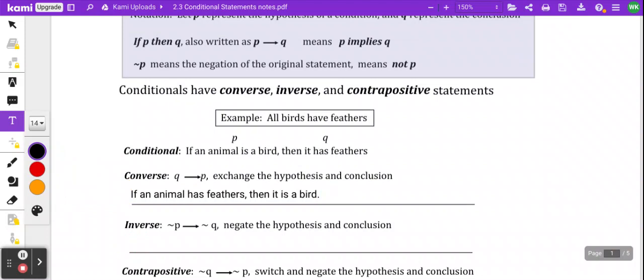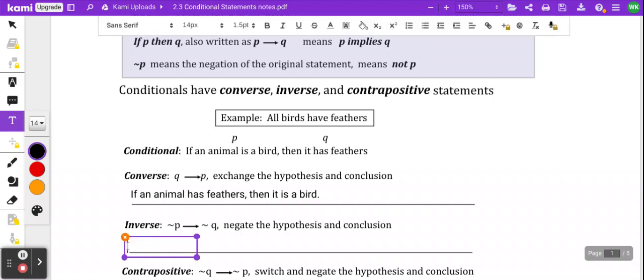The inverse is, if an animal is not a bird, then it does not have feathers.